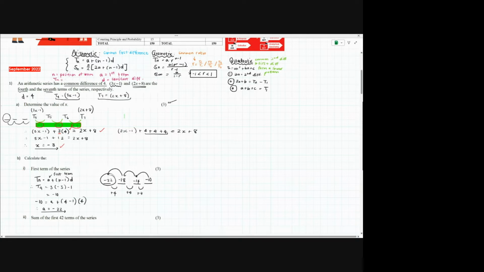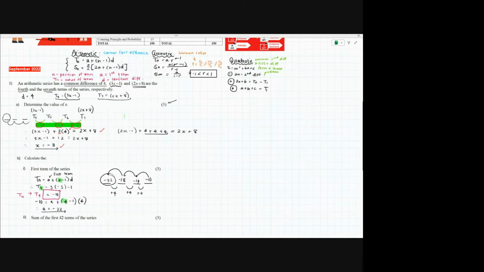Whereas Tn is the value of your term. So we've worked out, for example, here, that term 4, which is Tn, has a value of -10. So n is the position, the first, the second, the third, the fourth, the seventh, whatever. Tn is the value of your actual term. And then we go from there in terms of our substitution. So that's why Lorato said here, in our formula, this is n, which is the position of your term. And because I was using term 4, I substituted in a 4.